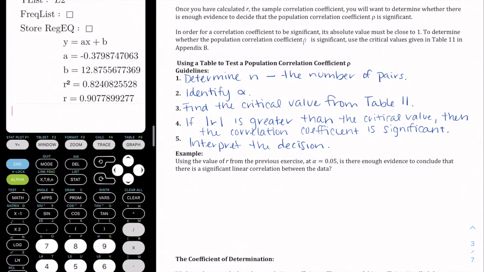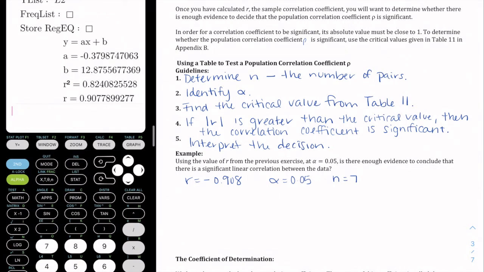So using the value of R from the previous exercise, we found R equals negative 0.908. And we're using alpha equals 0.05, and we had 7 ordered pairs, so n equals 7. Is there enough evidence to conclude that there is a significant correlation?